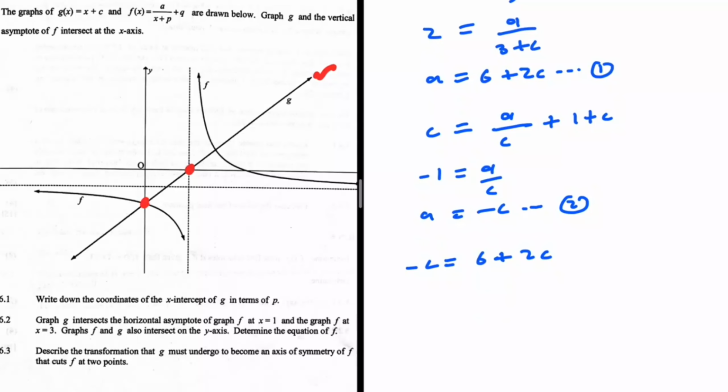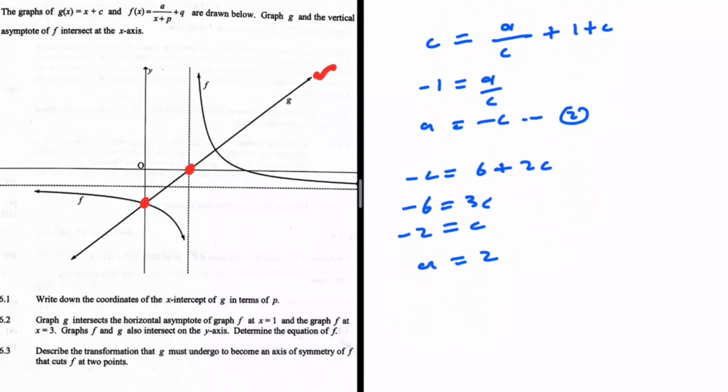Taking it over, minus 6 is equal to 3c. Minus 2 is equal to c. So I have c equals minus 2. So a will be equal to 2, therefore, because a is equal to minus c.